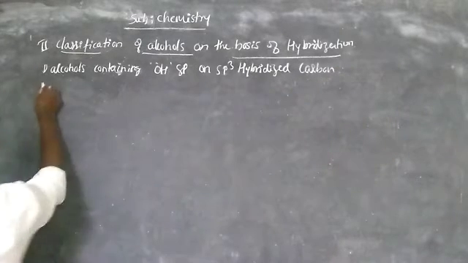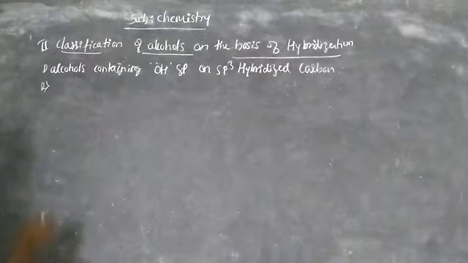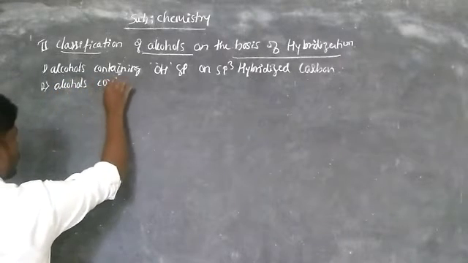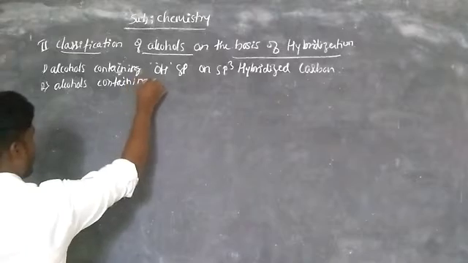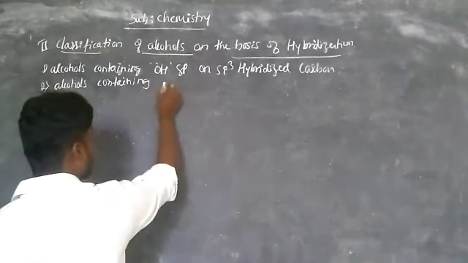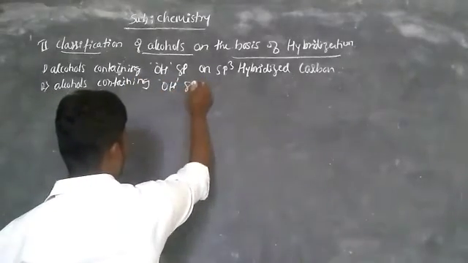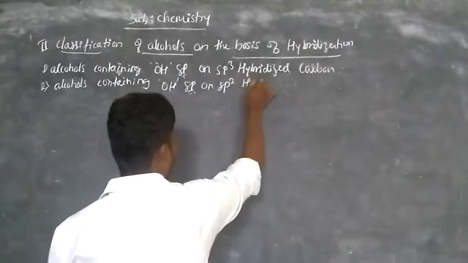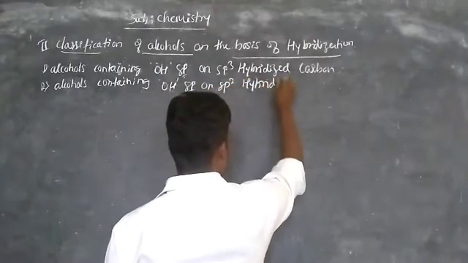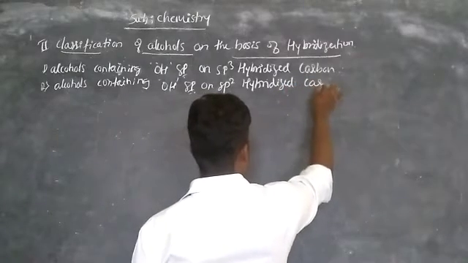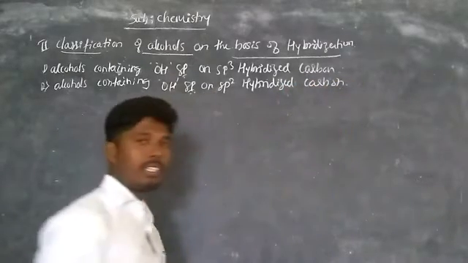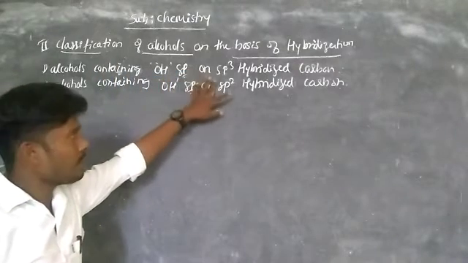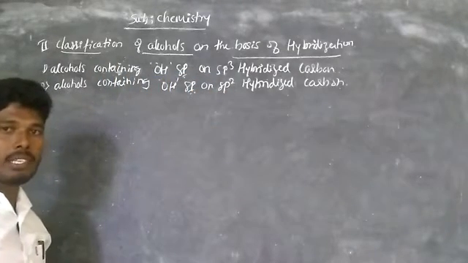Similarly, the second one is alcohols containing OH group on sp2 hybridized carbon. Okay, these are the two classifications of alcohols into two types, that is sp3 and sp2, on the basis of hybridization.